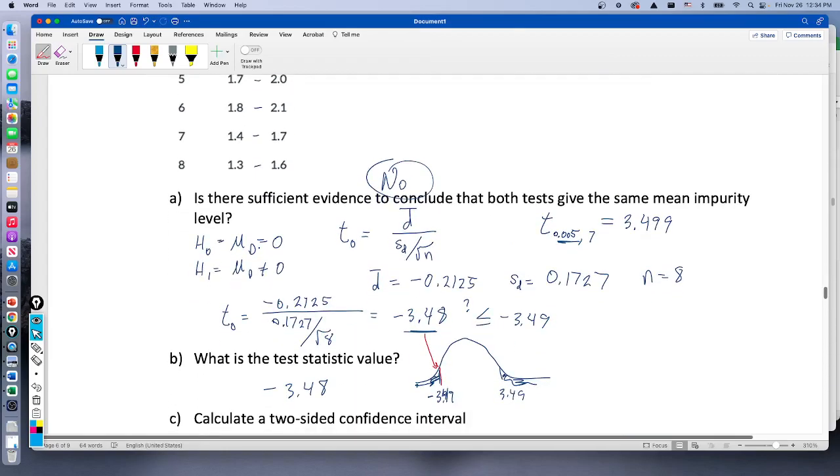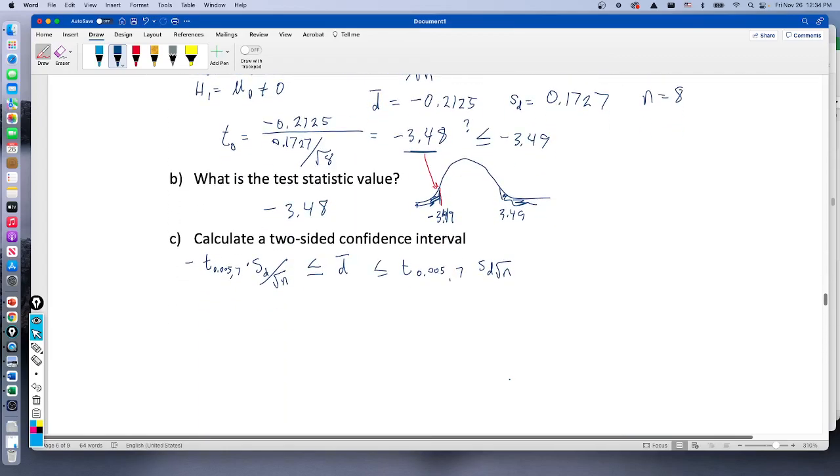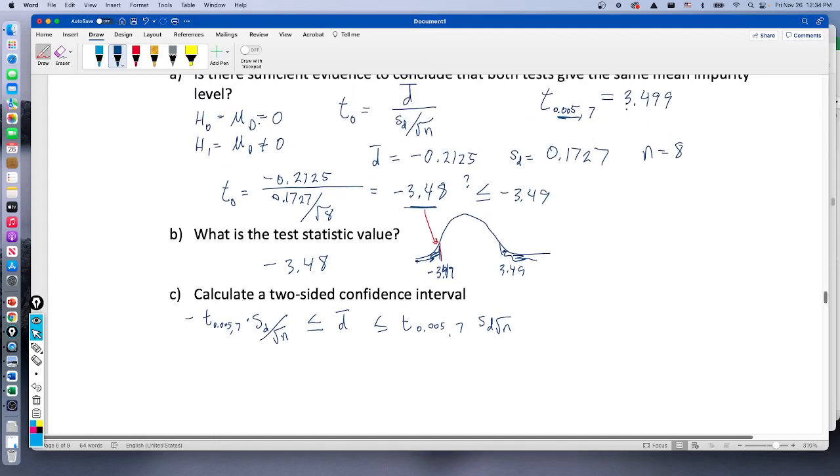Okay, what do we got? Come back to here: 3.499 times the standard deviation, 0.1727, divided by the square root of 8, less than or equal to the difference in the means.